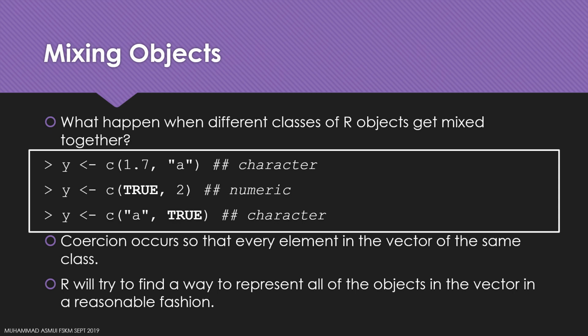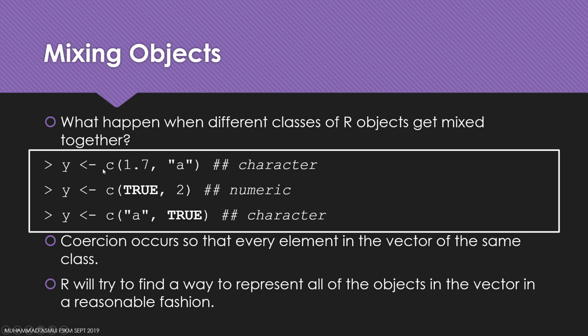What happens if different classes of objects get mixed together? Coercion happens, since R will try to find the best way to represent your assignment.